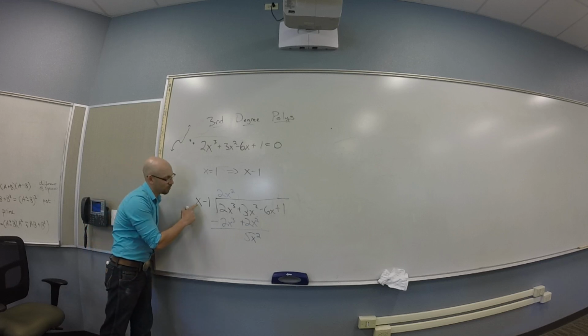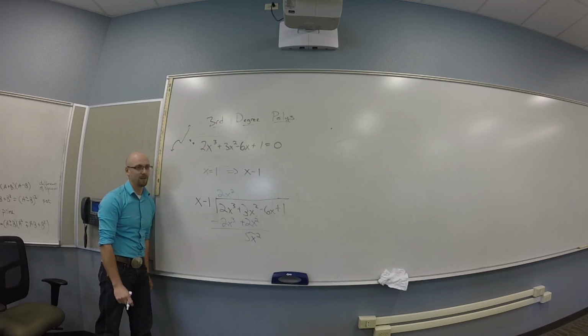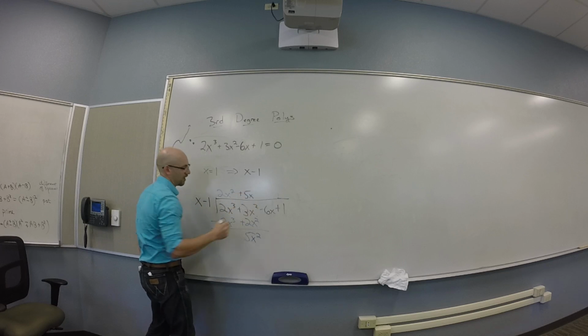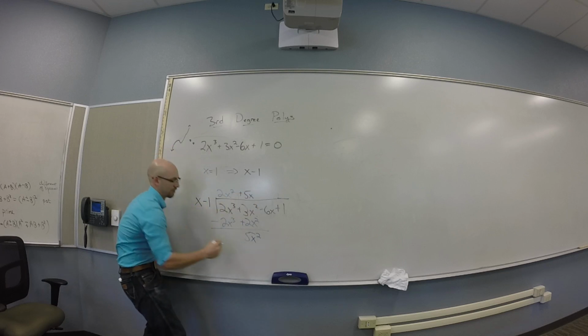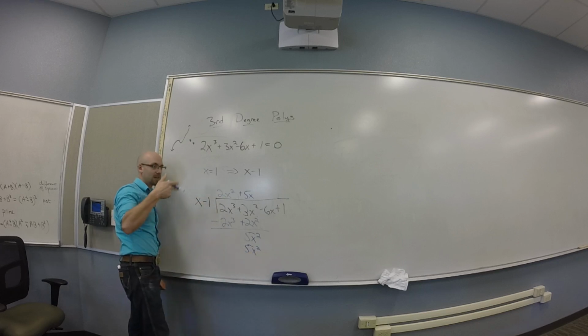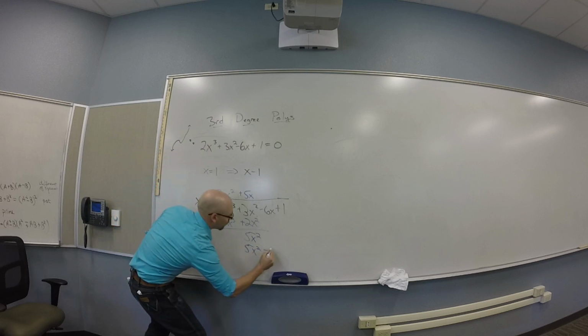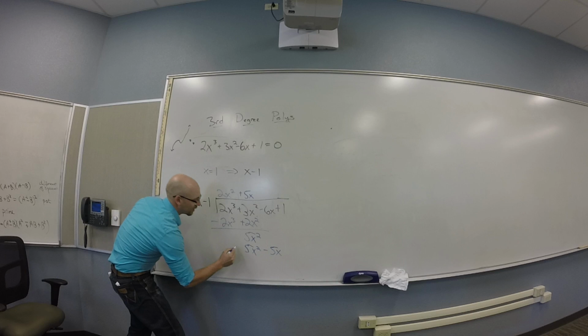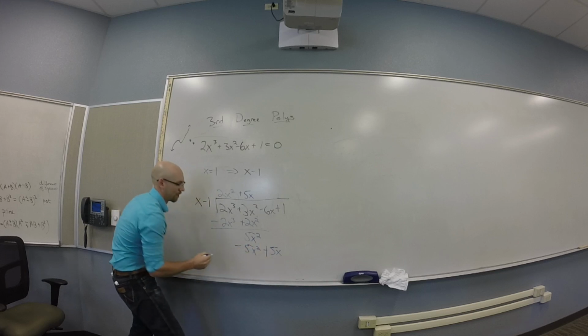Okay, and then you ask, what do I multiply x by to get 5x squared? 5x. So you put a plus 5x here. Then you multiply back through. So you get a 5x squared, again by design, and a minus 5x, right? And then you need to subtract that.